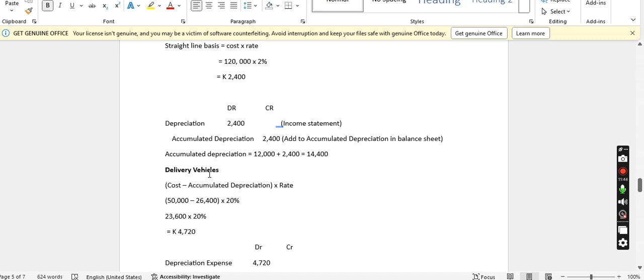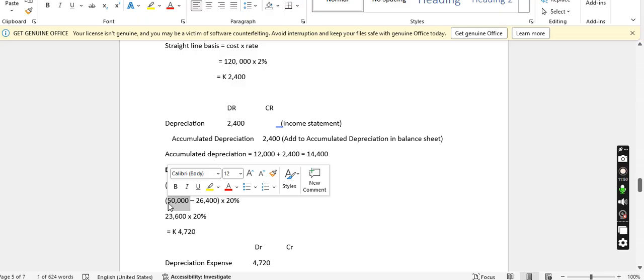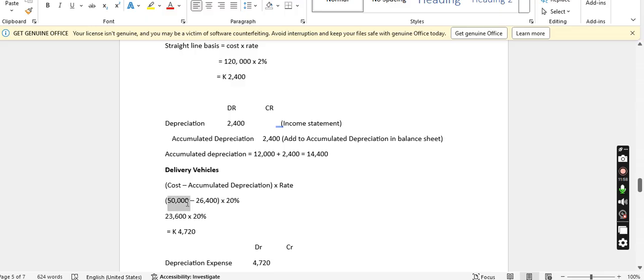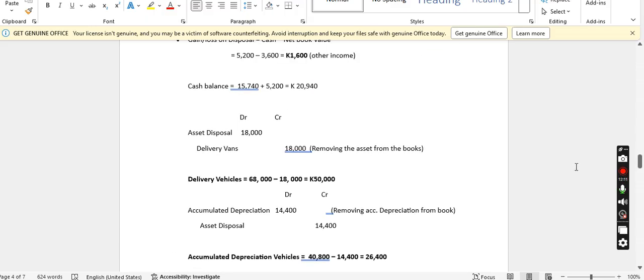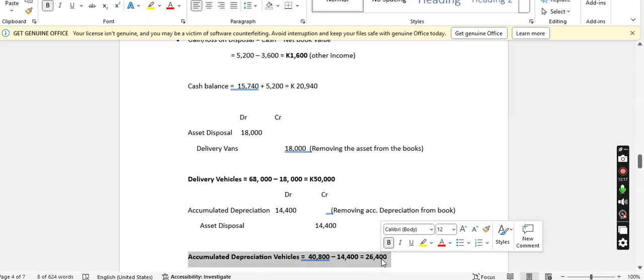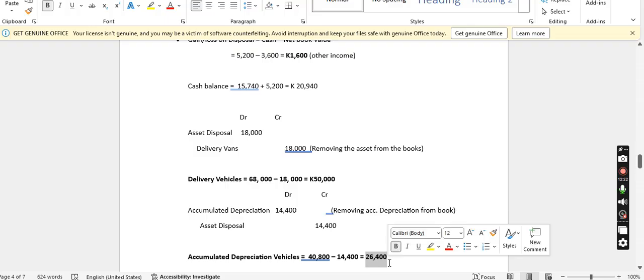So delivery vehicles, their cost is 50,000. Remember, originally it was 68,000. We got rid of that van which was worth 18,000. So the remaining amount is 50,000. Then the accumulated depreciation for motor vehicles. Remember, after we did this adjustment here, where is that? Here, accumulated depreciation. When we removed the 14,600 for the motor vehicle we sold, we remained with 26,400.